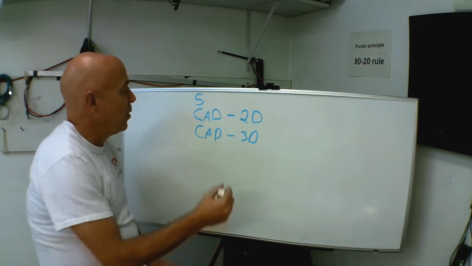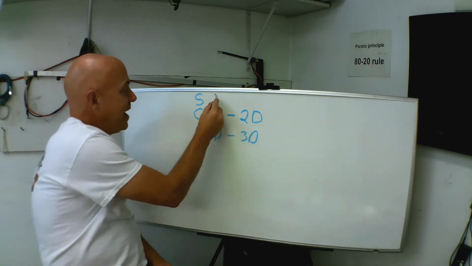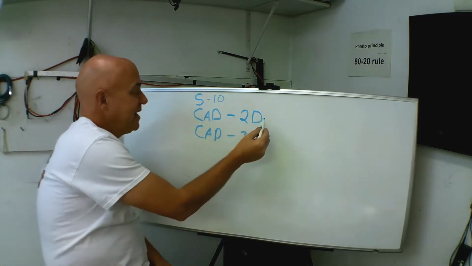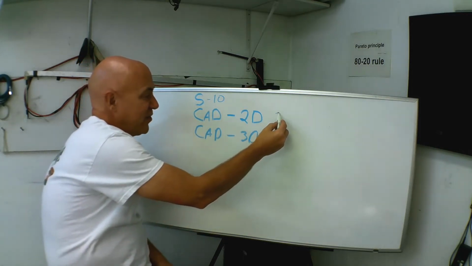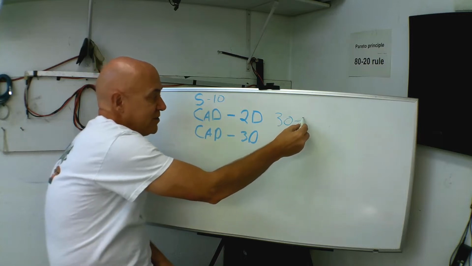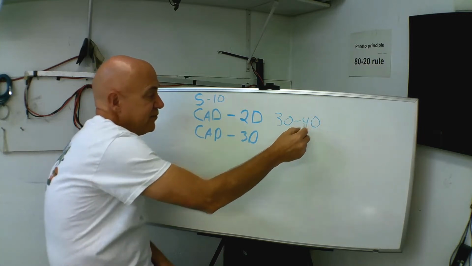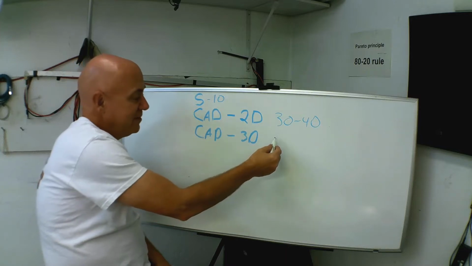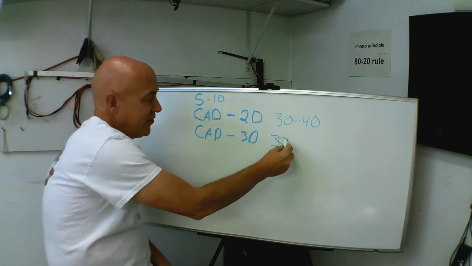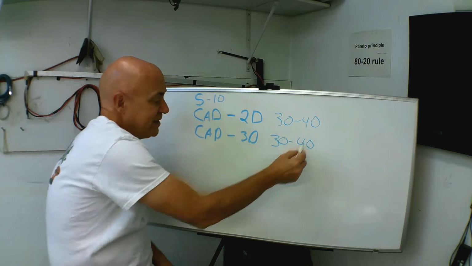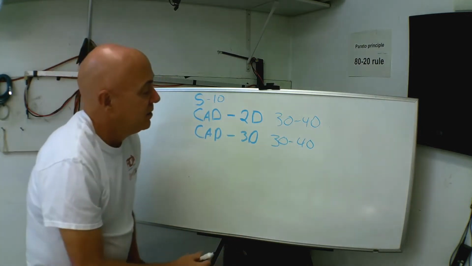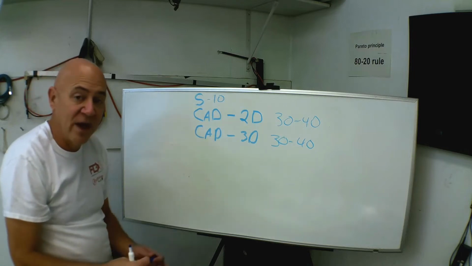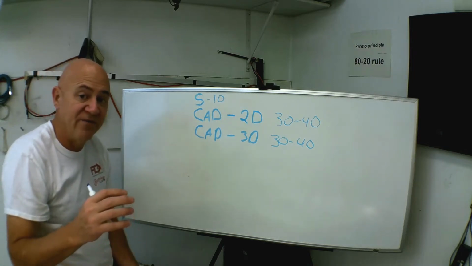So let's put some hours to this. Let's say that I had 10 hours of sketches. Let's say I had, I don't know, 30 or 40 hours of 2D. Then let's say I have the same, let's just make this up, 30 to 40 hours of 3D time. So I've got some hours started in this before I've cut out the first piece of the airplane.